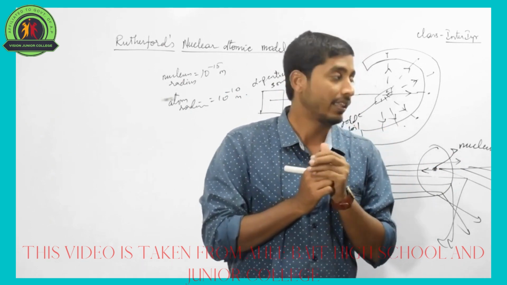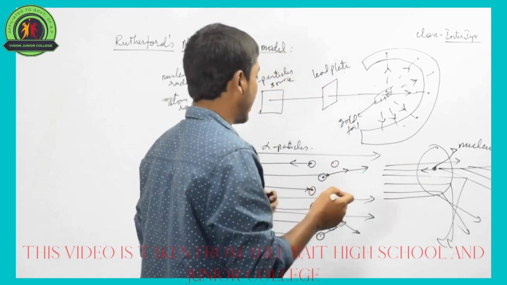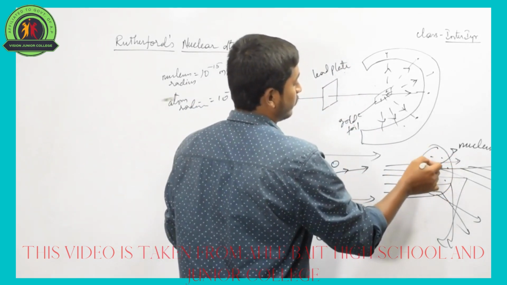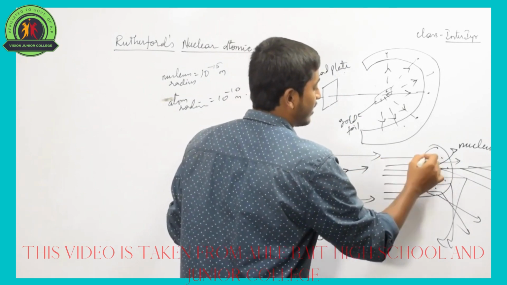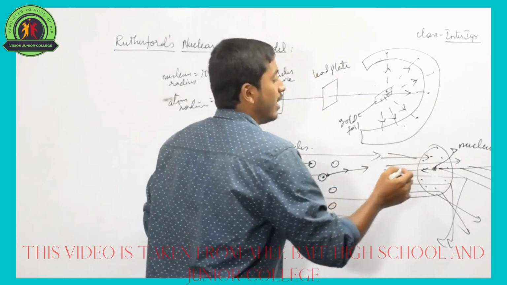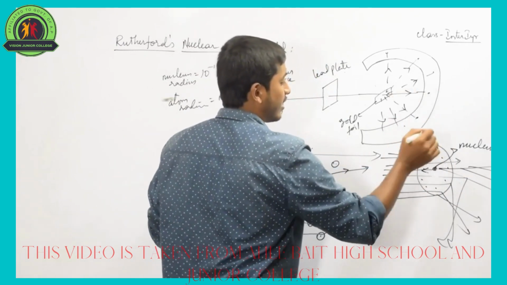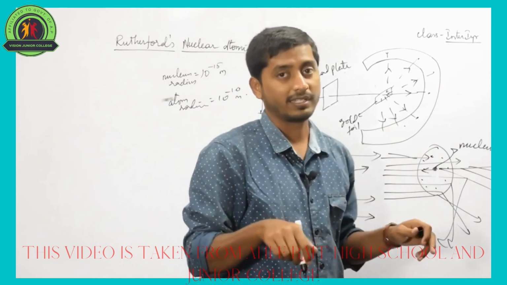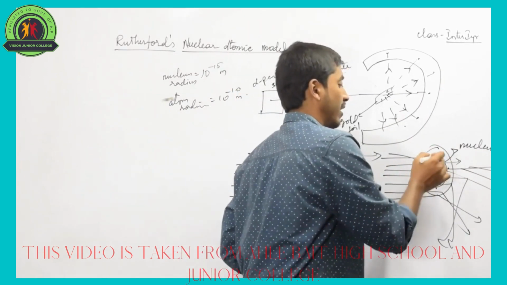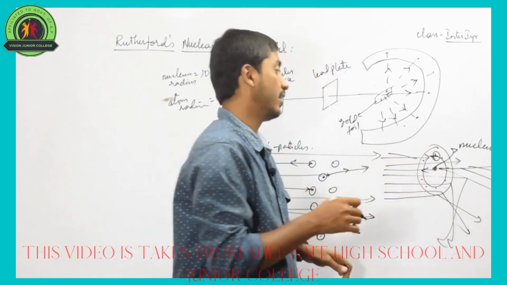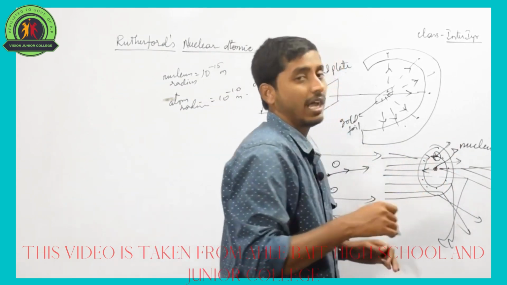Is it clear? They move in a circular path, because he could conclude this. For example, if there are some electrons here, he will be incidenting at different angles, I mean at different times. If this ray is getting deflected at this point, then automatically it has to get deflected at different points. For example, if an electron is revolving around this nucleus, and there is an electron here at this instant, this ray will get deflected.